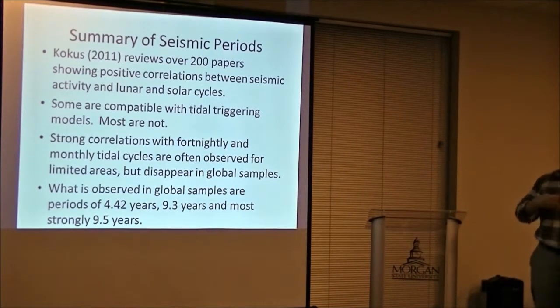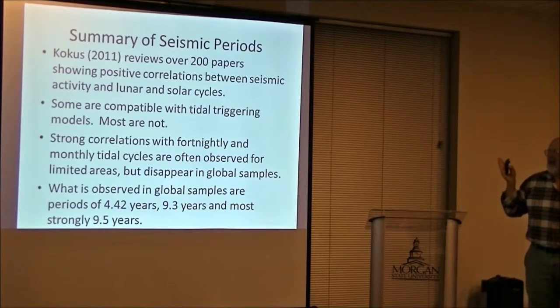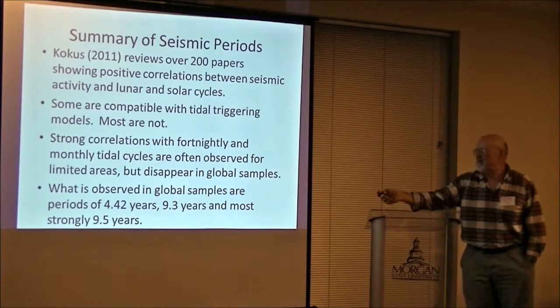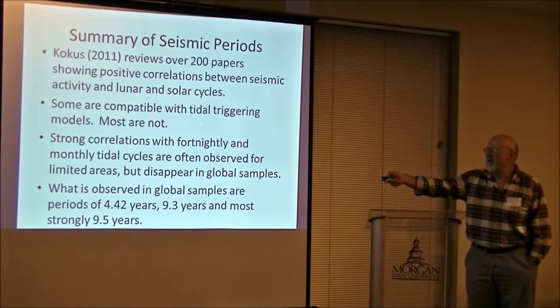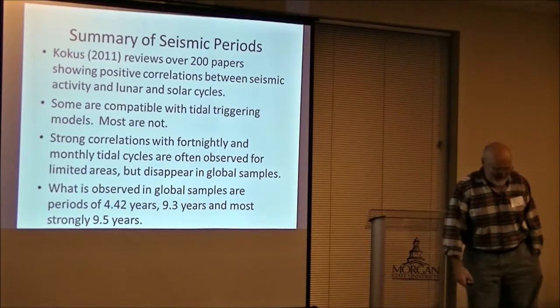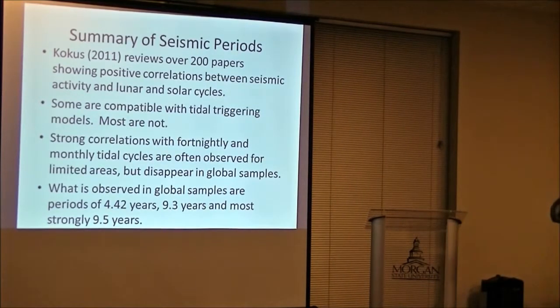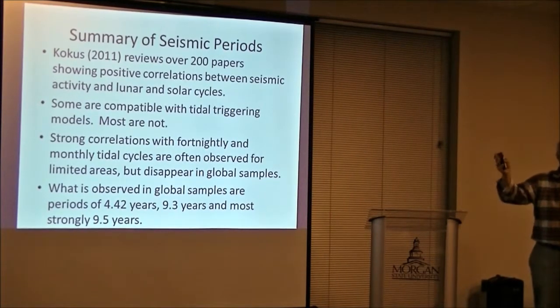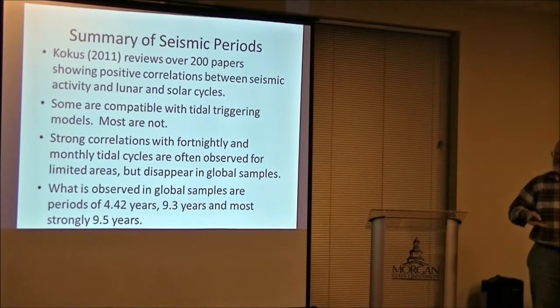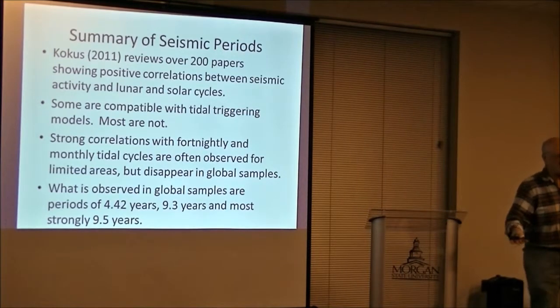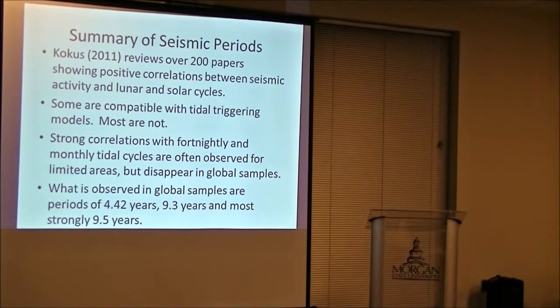It's weak, it's not universal, and most of the people who get a correlation with the time usually end up adding a phase, very arbitrarily, to get the correlation, a phase lag. And quite often it's a phase lead, where you have a peak in earthquakes in certain areas. It comes 3.5 days before the maximum time. It's something.